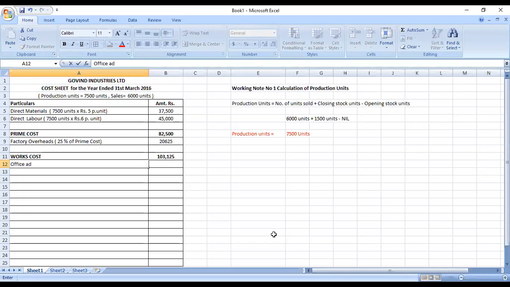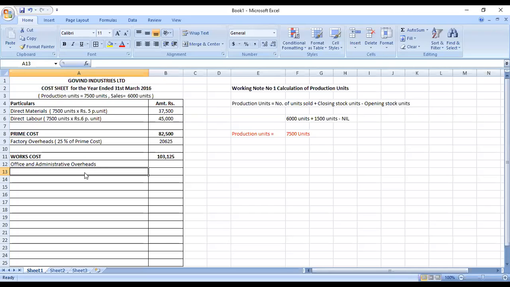Office and administrative overheads. What information is given about the office and administrative overheads? Read adjustment number 4. What information is given in office and administrative overheads?